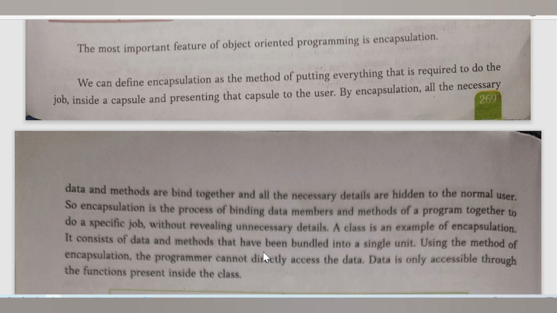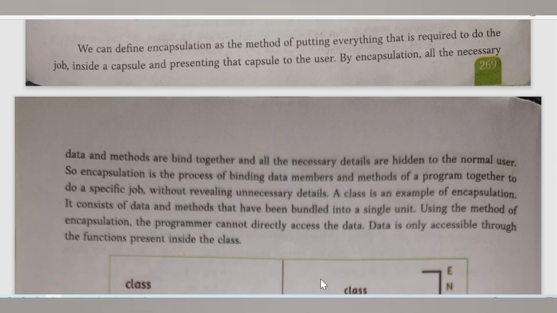Like while the electrician makes the electric board, they don't tell the inside part to a normal user. It consists of data and methods that have been bundled into a single unit. Using the method of encapsulation, the programmer cannot directly access the data. Data is only accessible through the functions present inside it.